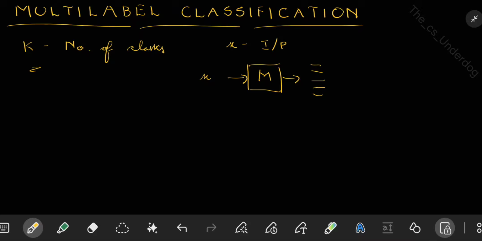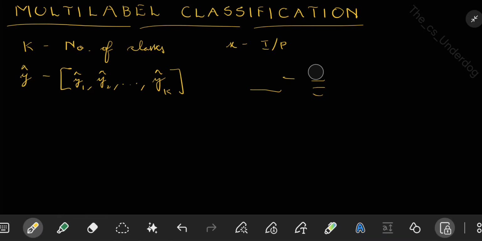If you have K different classes, then the output will be a vector Y cap. This Y cap will have K values. Let us say Y1 cap, Y2 cap, so on up to YK cap. So this vector Y cap is the output of the model.